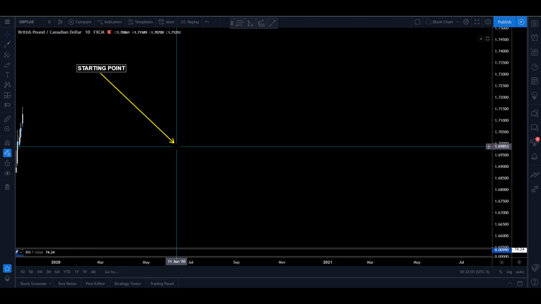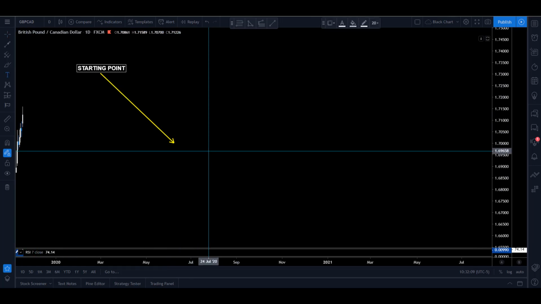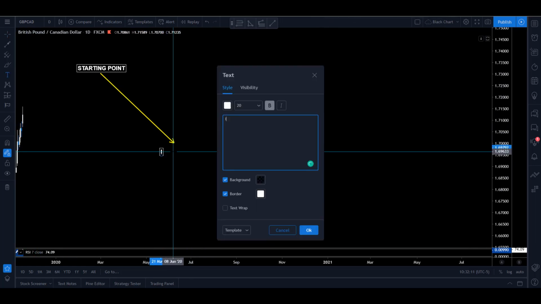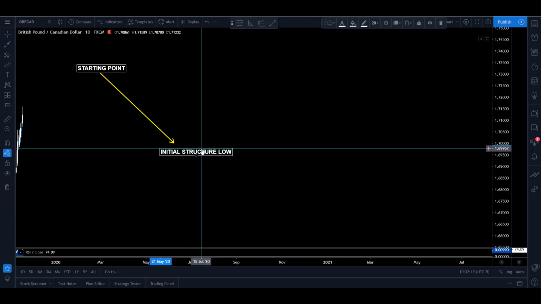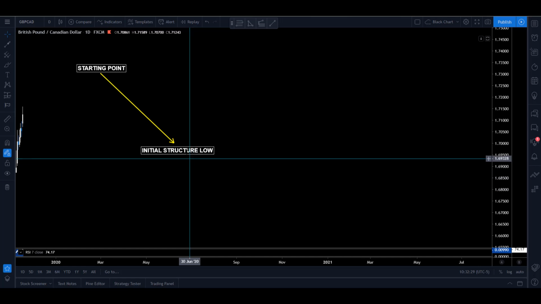And when this move ends, what do we call this? Initial structure low. Do we have a bearish trend? No. Okay.